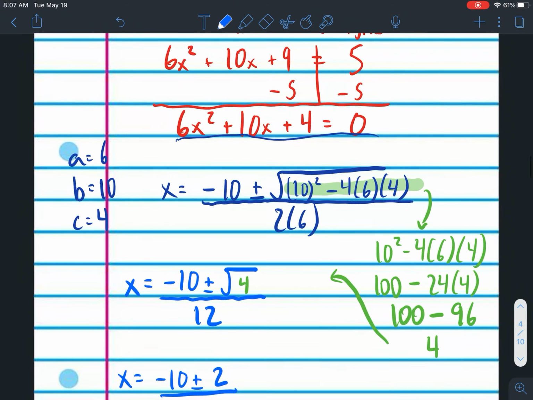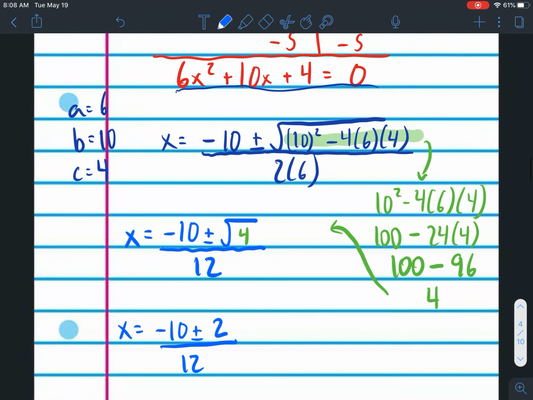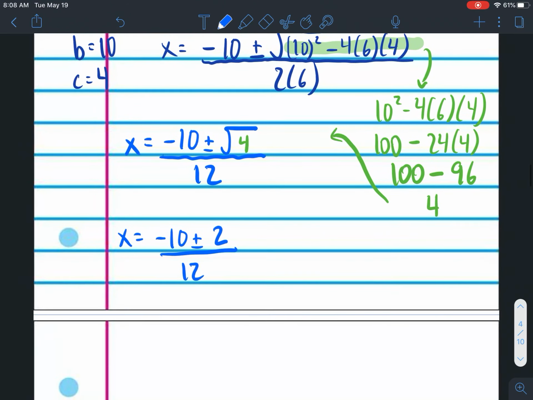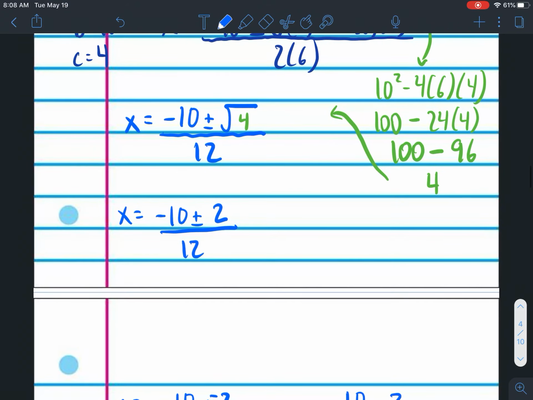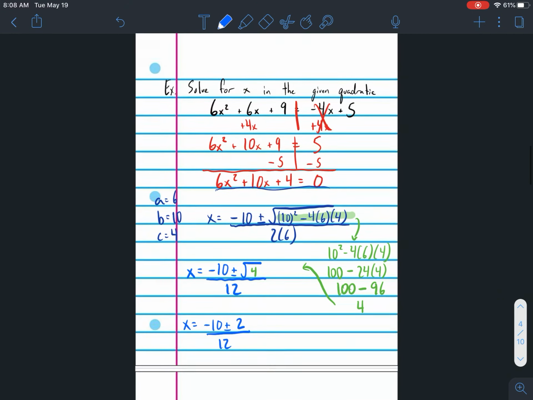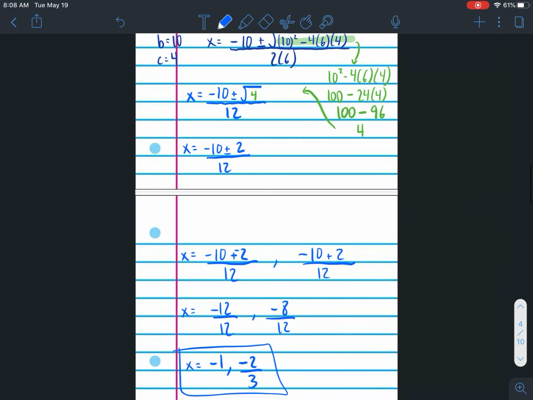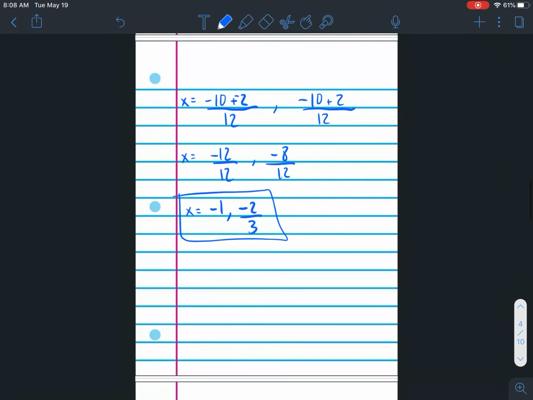If you need to use calculators for computation or double checking your math, absolutely go for it, just to make yourselves feel more confident. And then after that, it's just one step at a time. Notice my work is clean and organized. This is what's going to help you out as well, keeping your work clean and organized.